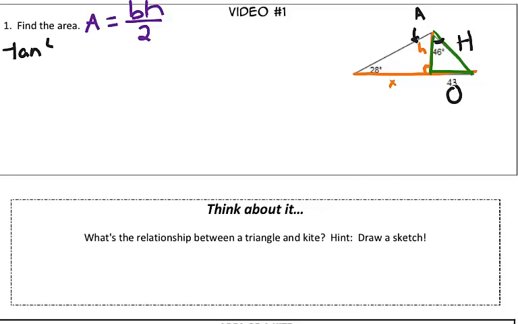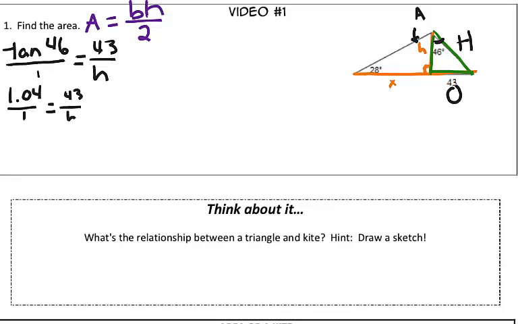So the tangent of 46 degrees over 1 is equal to opposite, so 43 over h, or opposite over adjacent. To solve this, make sure you're in degree mode when you're substituting in tangent of 46 in your calculator. So tangent of 46 degrees is 1.04 over 1 equals 43 over h.